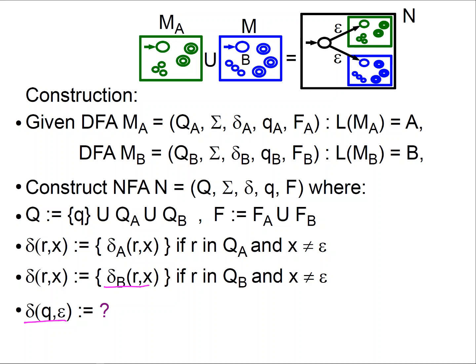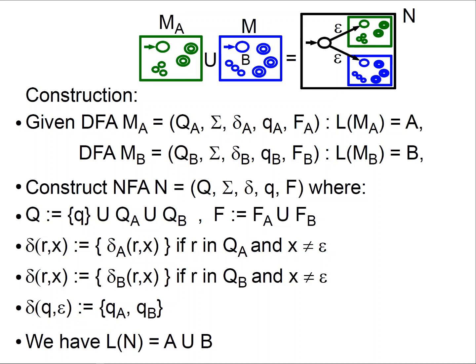And here you go to the set of the start states of the DFAs. The language of N is now A union B.